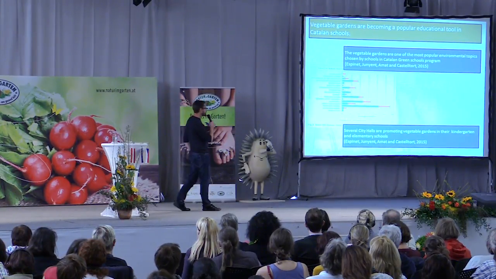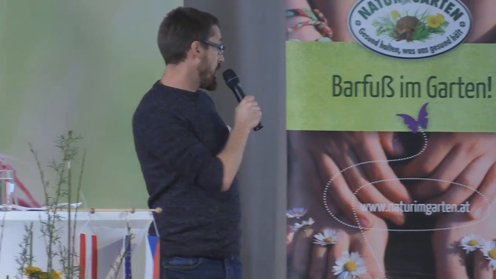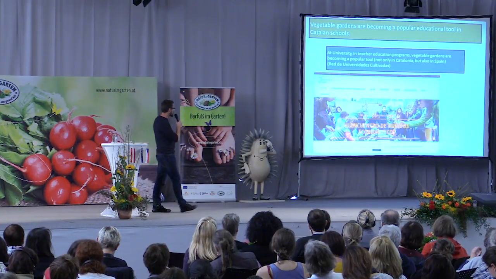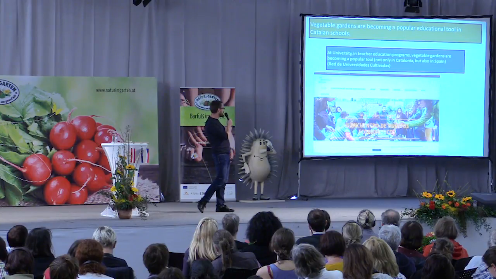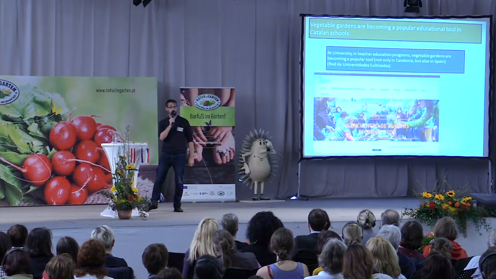And several city halls are promoting vegetable gardens in their kindergarten and elementary schools also. And a year ago a network of universities was created that are using vegetable gardens to teach their students. This network is called Red de Universidades Cultivadas, or Cultivated University Network.